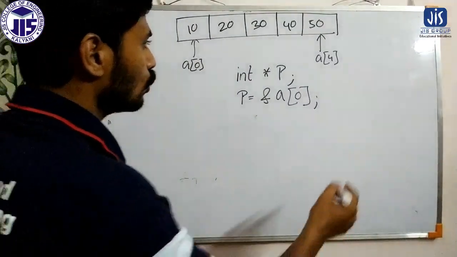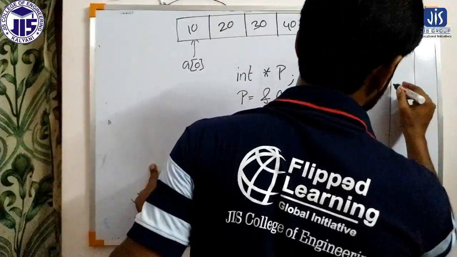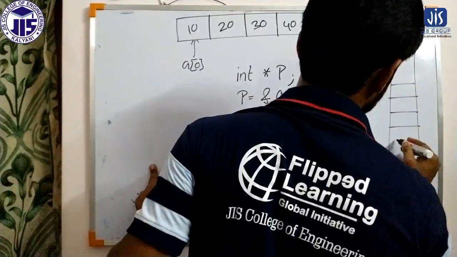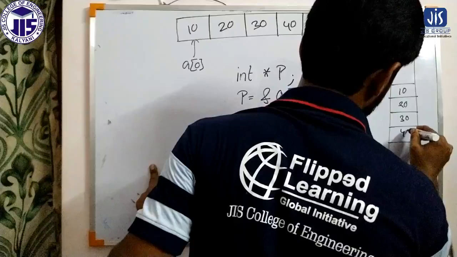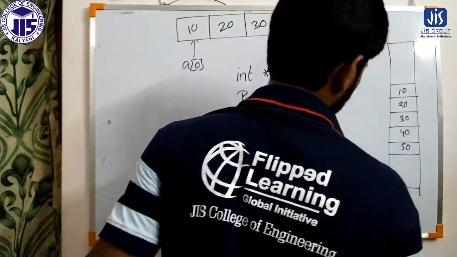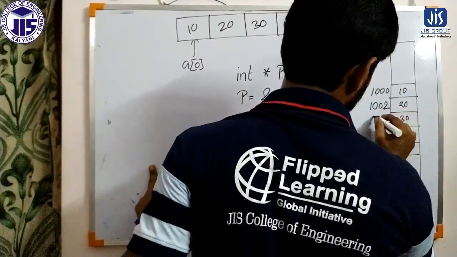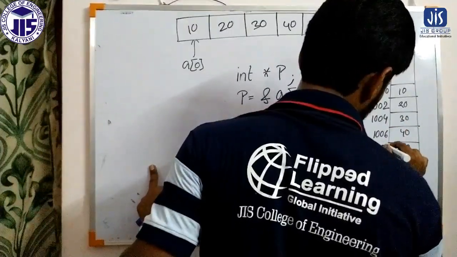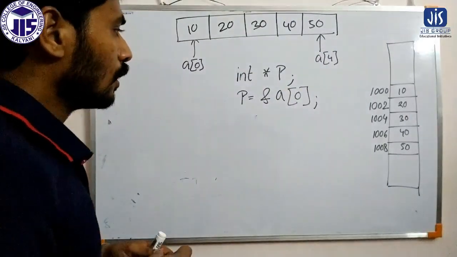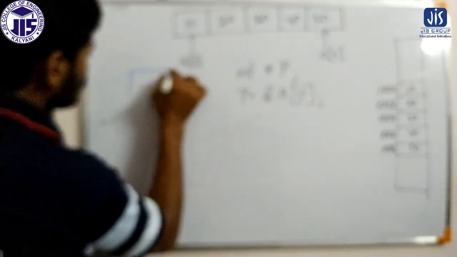Similarly, if I consider this memory, when I write P equal to address of A0, that means the value of P is 1000.